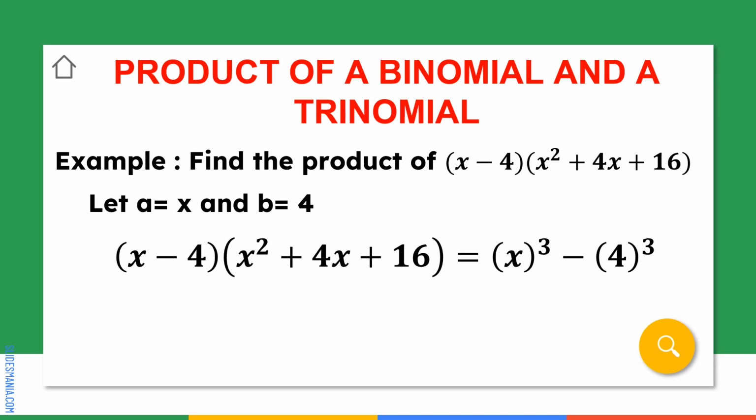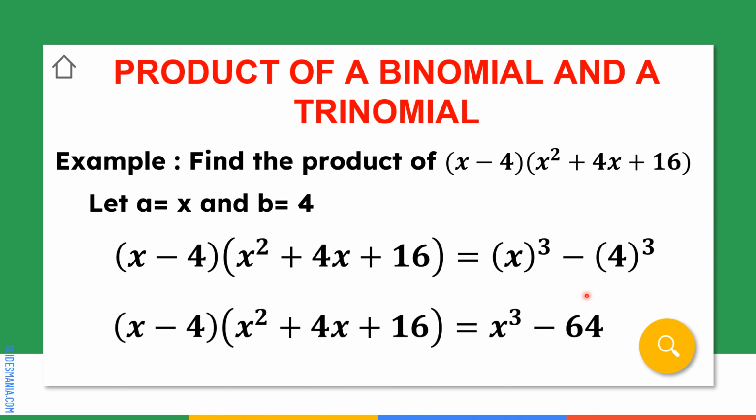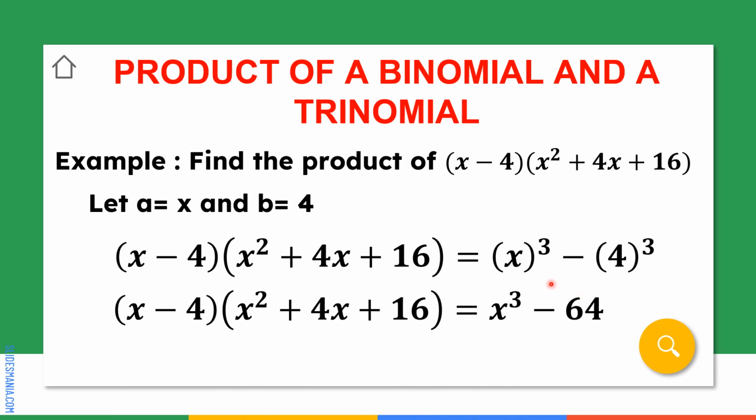Again, we get the cube of x, and then minus the cube of the second term, which is 4. After that, we simplify. x cubed is x cubed minus, and 4 times 4 times 4 is 64. Therefore, the final answer is x cubed minus 64 this time.